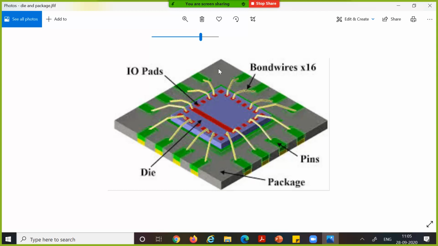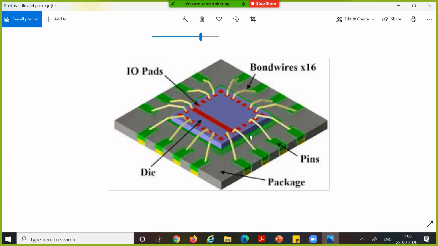Now, irrespective of whatever package it comes in, at least to a first order, the package is much larger in size, the gray area that you see here, and there are different leads.